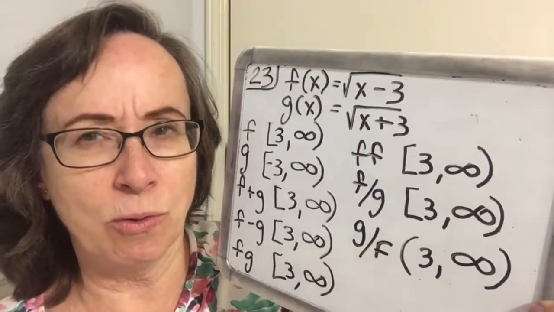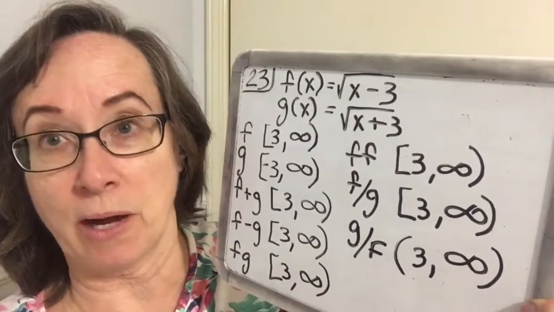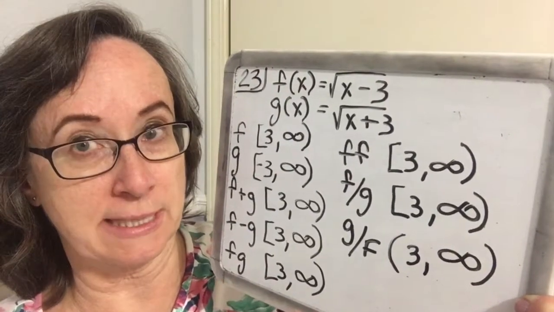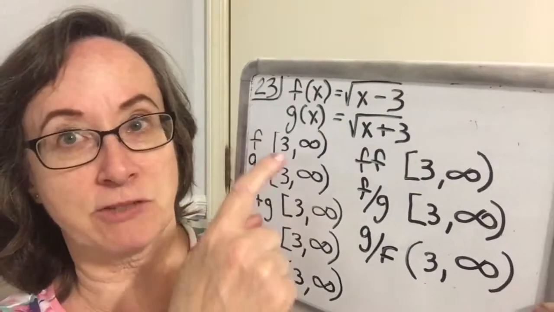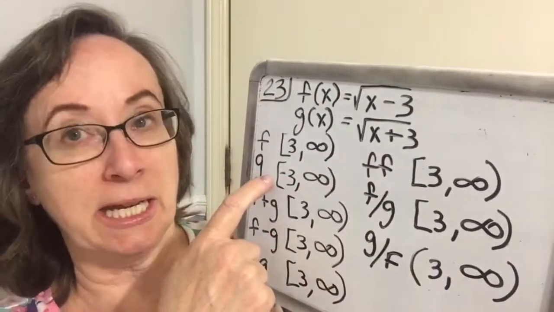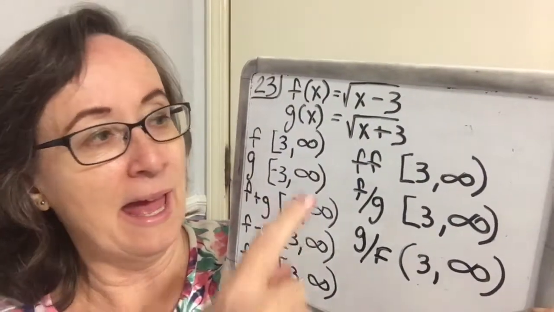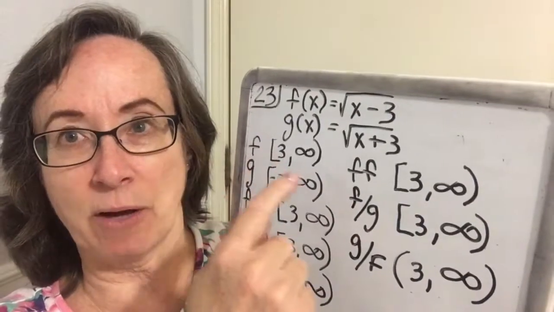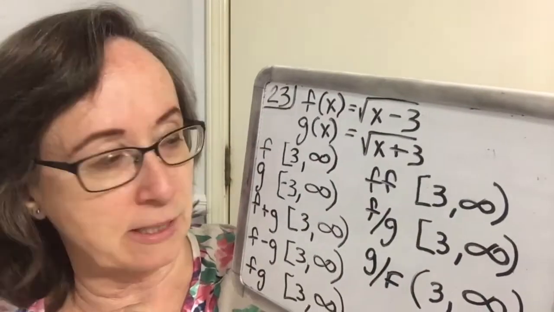We can only define a sum or a difference or a product where both of the original functions exist. So if f exists from 3 to infinity and g exists from negative 3 to infinity, f is our limiting function, isn't it? It has a smaller or more limited domain than the g function does.